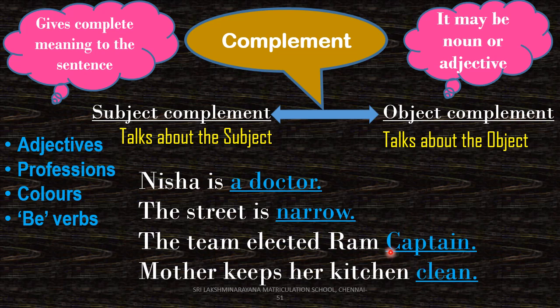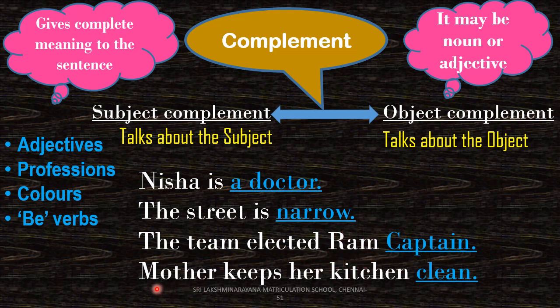Now tell me, children, does this complement captain talk about the subject, the team, or about the object Ram? Yes, it talks about the object Ram. Ram has been elected as captain. So captain is a complement. In particular, you can say it is an object complement. Why? Because it talks about the object.